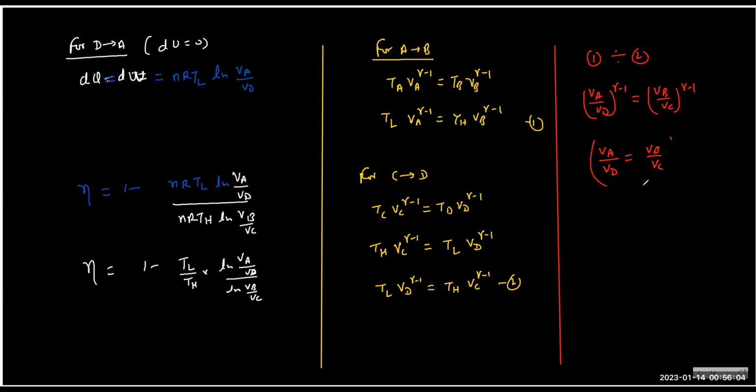And because this is equal, ln(V_A/V_D) is also the same as ln(V_B/V_C), right? So can we say efficiency is only 1 minus T_L by T_H, because that will cancel out?